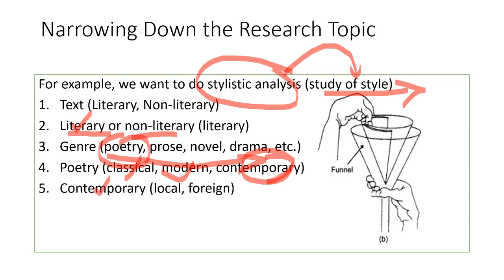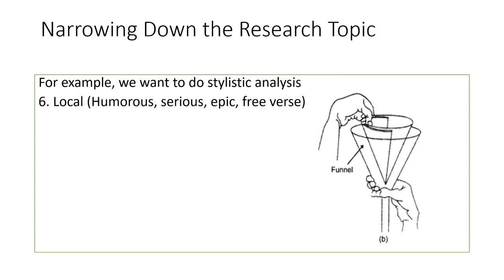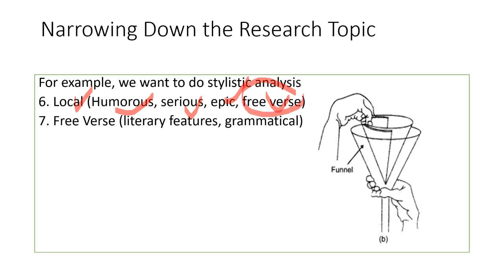Again, the poetry would be of local poets or foreign poets. Let's suppose we have selected local poetry. Again, what kind of poetry: humorous, serious, epic, free verse, blank verse, sonnets? Let's suppose we have selected free verse.